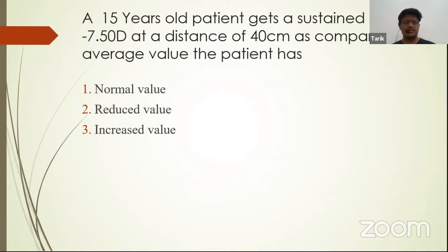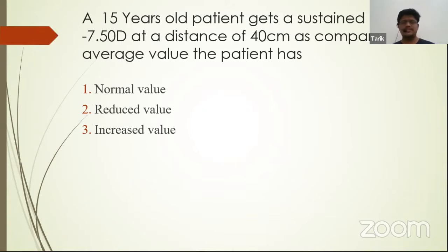So I guess everyone has already answered. The value here is reduced. How do I get this value? For 15 years, as I already said, the average value is found by 18.5 minus 1/3 of the age. That is 15 divided by 3, which is 5. When you subtract, 18.5 minus 5 gives you 13.5.